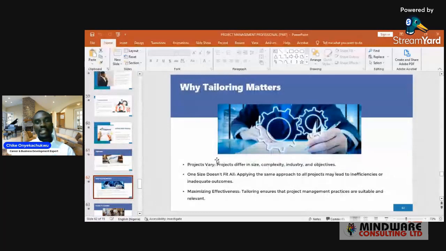Now, why is tailoring important in project management? Now, let's look at the various reasons. Number one, projects vary. Projects differ in size, complexity, industry, and objectives.